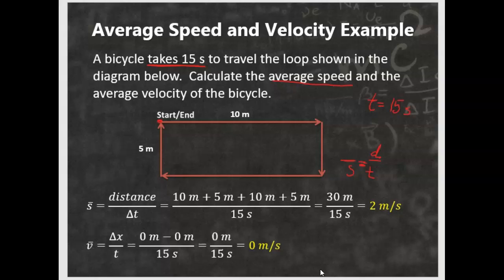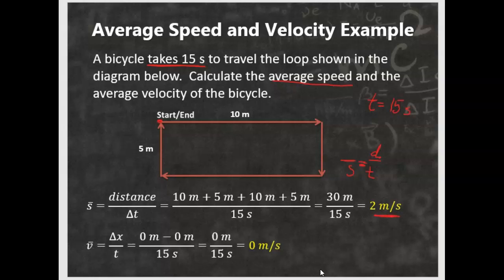So what is our distance? Well, we went 10 plus 5 is 15, plus 10 is 25, plus 5 is 30. So our distance is 30 meters, and the time it took is 15 seconds. So distance over time, our average speed is 2 meters per second.